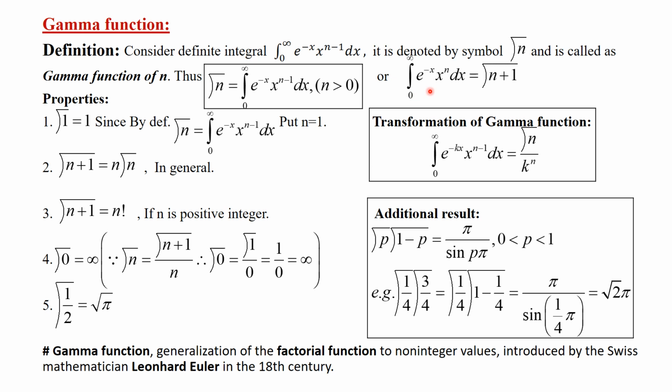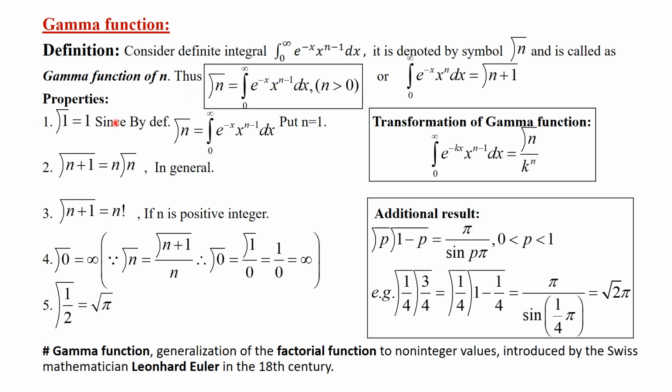We may use the result as the integral from 0 to infinity of x raised to n instead of x raised to n minus 1; then the power plus 1 gives n minus 1 plus 1, which is equal to n. Using this definition, we can calculate the values of the gamma function.